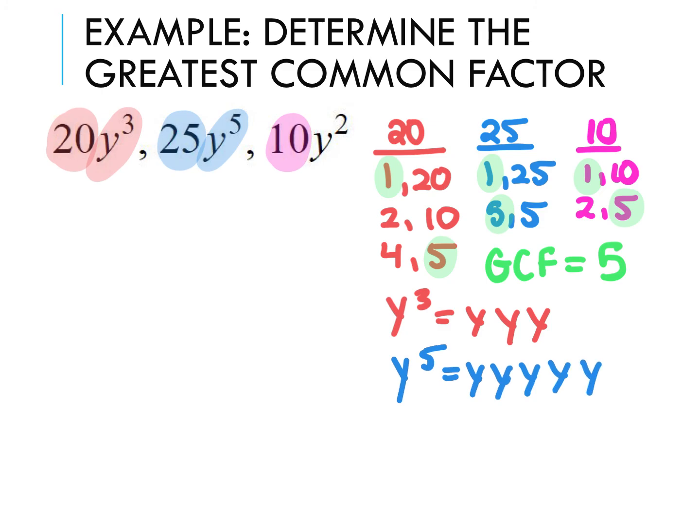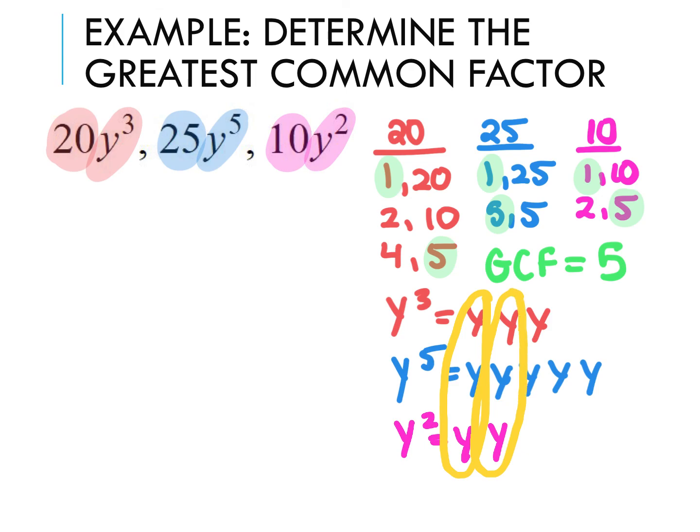And lastly, I have y squared, which I know is really 2 y's. Now, if we're looking for what's in common with all of them, all of these have one y here and another y here. While there's one more y that's in the first two terms, it's not in the last one, so it's not the greatest common factor. So my greatest common factor is the 2 y's, which I can write as y squared.